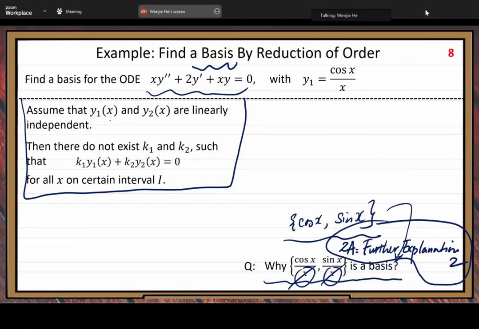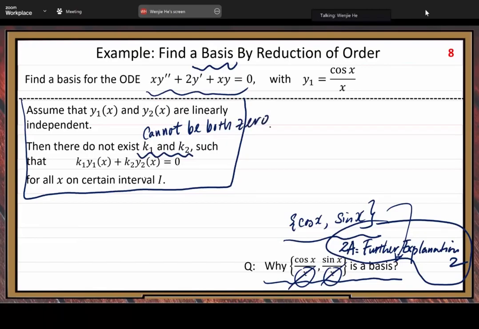Assume a y1 function and a y2 function are linearly independent. Then there do not exist k1 and k2 such that k1 y1 plus k2 y2 equals 0 for all x on a certain interval I. Here, I realize these k1 and k2 cannot both be 0.